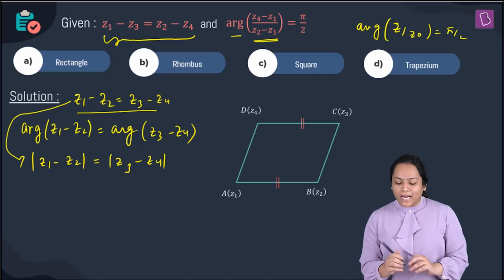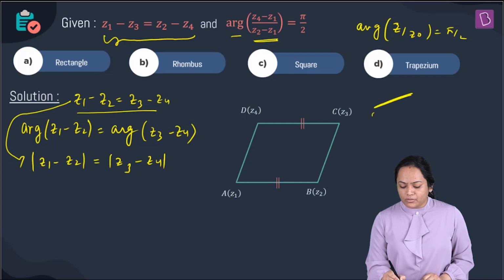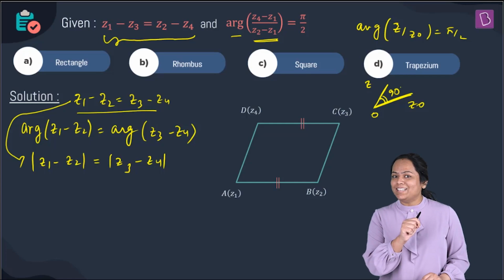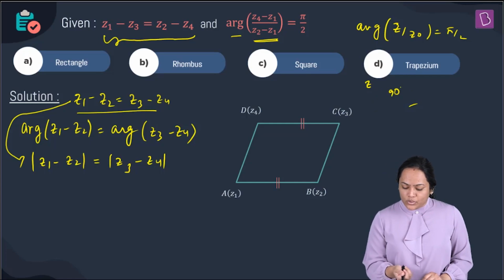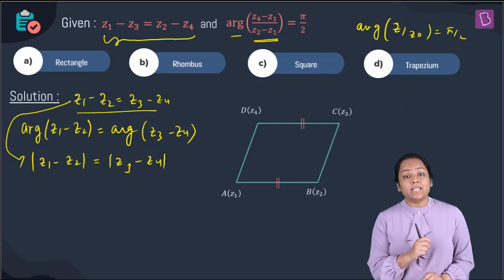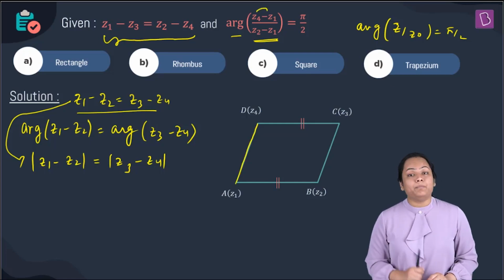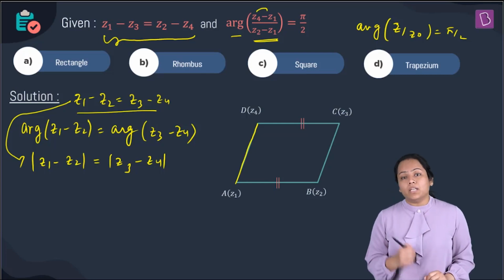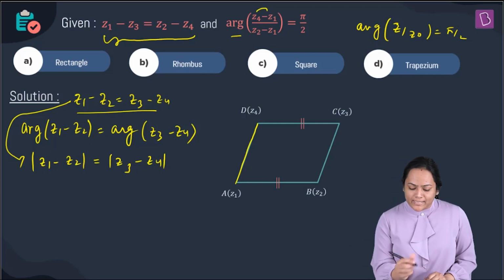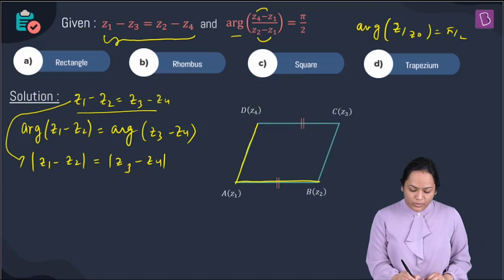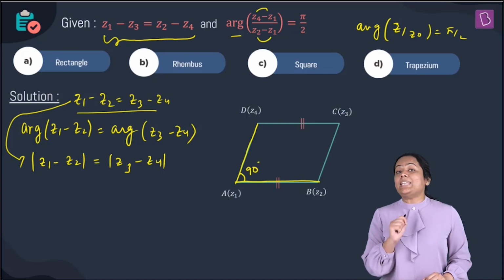It represents that if I have a ray passing through the origin and this is my Z0, and another ray again passing through the origin and Z, the angle between these two has to be 90 degrees, isn't it? So in this question, you have a segment joining Z4 and Z1, which will be AD. Similarly, I have one more segment joining Z2 and Z1, which will be AB. So the angle between these two has to be 90 degrees.